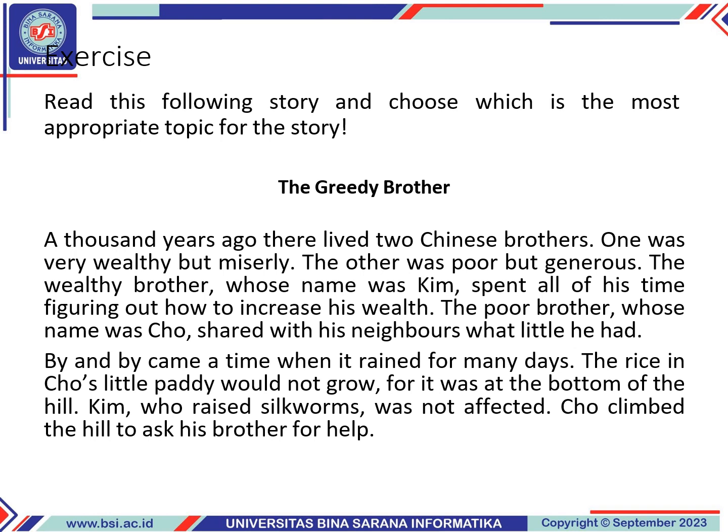By and by came a time when it rained for many days. The rice in Cho's little paddy would not grow, for it was at the bottom of the hill. Kim, who raised silkworms, was not affected. Cho climbed the hill to ask his brother for help.